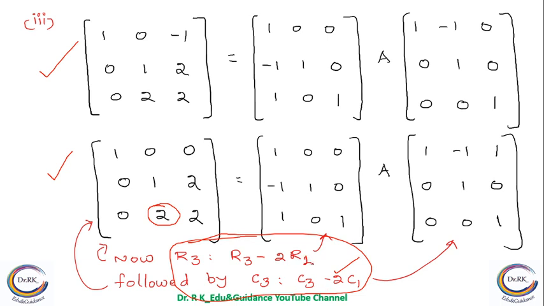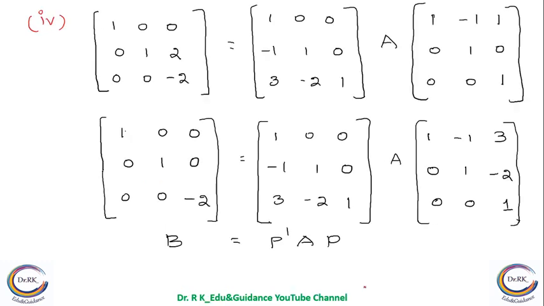I think there is a typo. Similarly, C3 is C3 minus 2C2. So when we perform this, the row operation gives this and the column operation gives this. When we see this, this is what we are looking for.